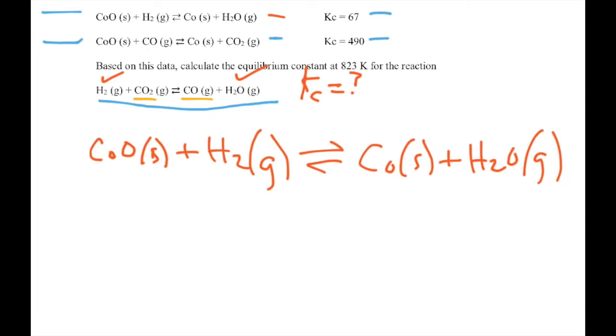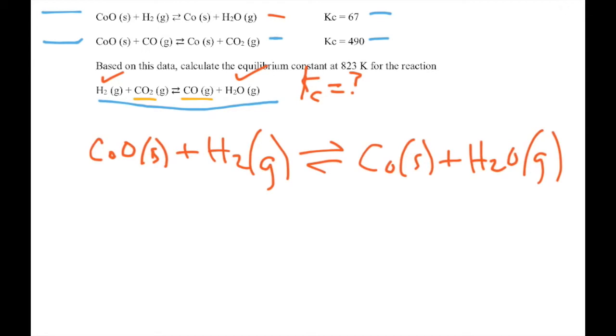So if we look at our species like COO, this cobalt oxide, the cobalt oxide does not show up in the overall reaction, but it does show up in one of the subreactions. As a matter of fact, it shows up in both subreactions. So let's look at the second subreaction and let's flip it. Let's invert the reaction, making the products the reactants and the reactants products.